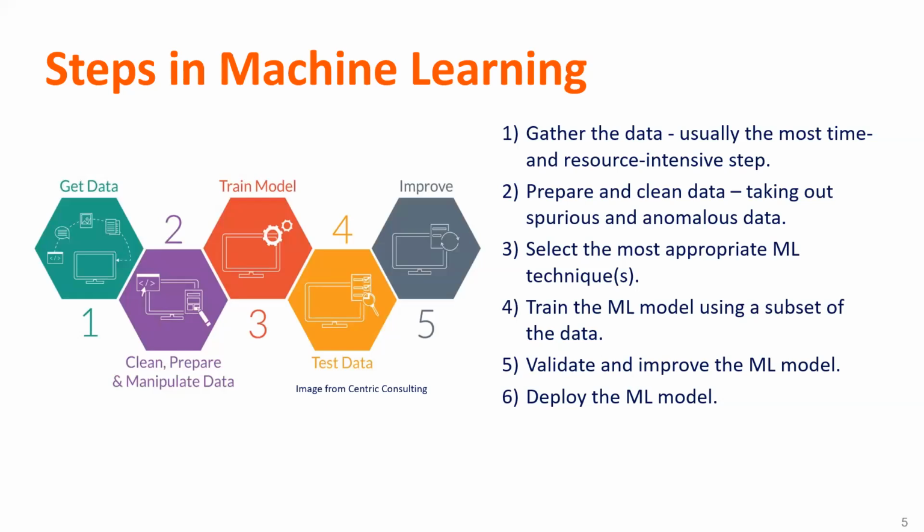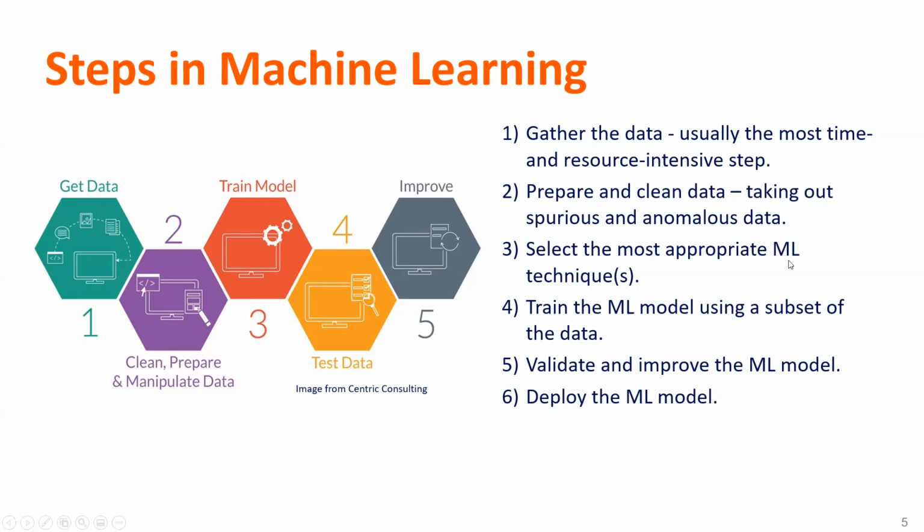What are the steps in machine learning? It's pretty much established. There are essentially 5 steps. One is to gather the data, which is actually the most time and resource intensive step. We need to clean and prepare the data, because most of the time the data contains noise, errors, and anomalous data that we don't expect. Then these days, we just select an appropriate machine learning technique or techniques.